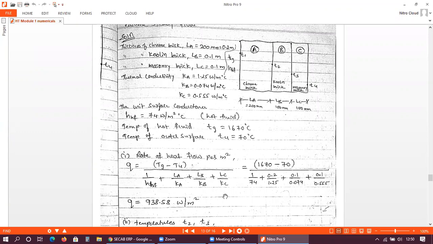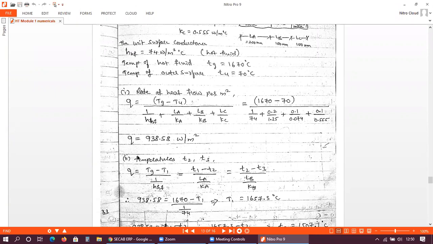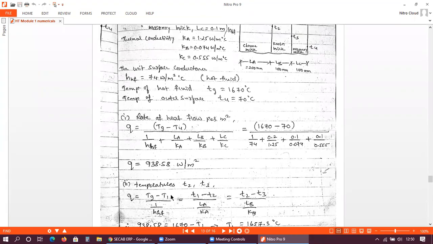Now we need to calculate temperatures T2 and T3. For that, I am going to write the equation for each individual part. This Q, the rate of heat transfer, is equal to the convective mode of heat transfer, that is Tg minus T1 divided by the resistance offered by the convective zone. Then T1 minus T2 divided by LA by KA, the rate of heat transfer for the first block.